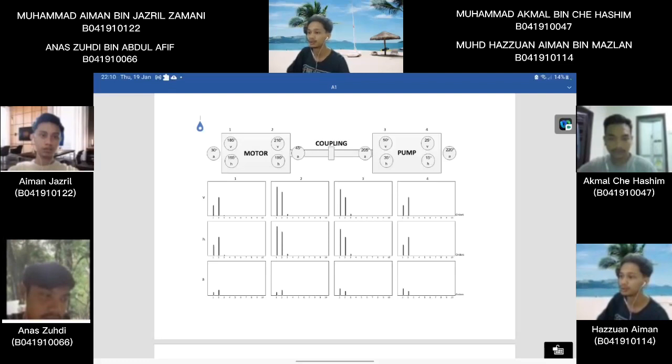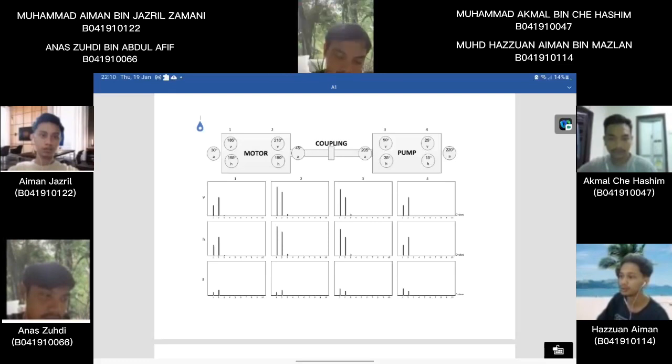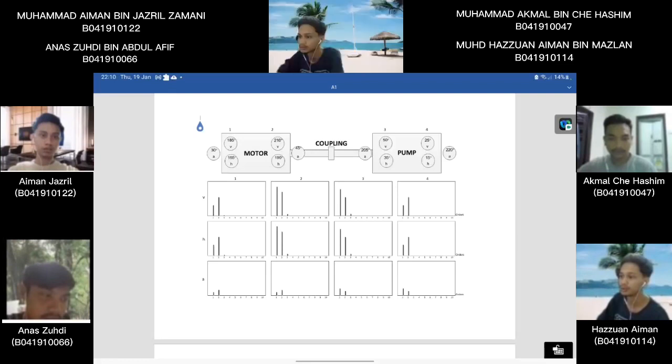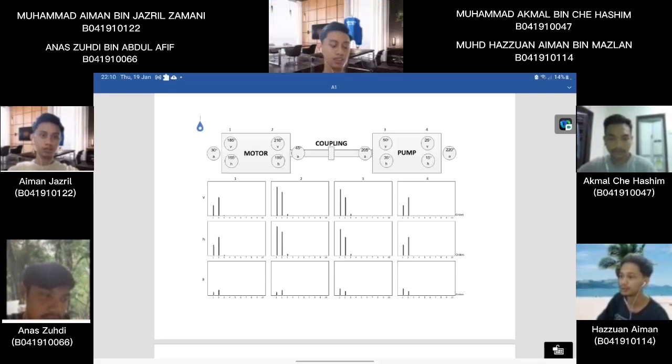So we will proceed to question 1. In question number 1, the first criterion that we need to check is axial and radial. Looking at the spectrum, at the radial direction, radial is higher than axial.